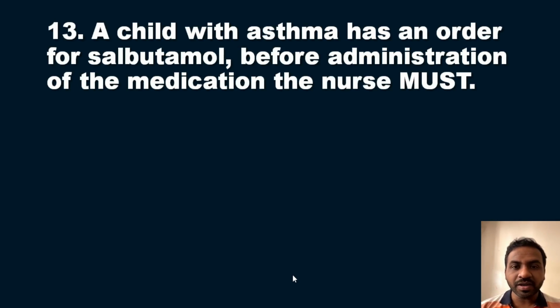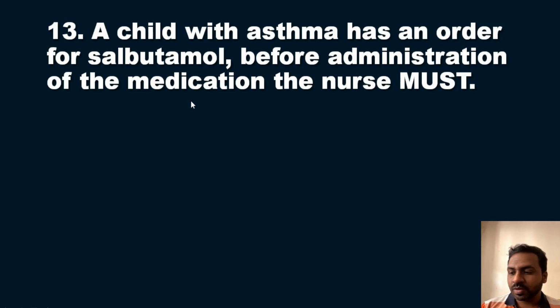So we'll move on to the next question in our series, and the question for you is on the screen right now. The 13th question: a child with asthma has an order for salbutamol. So before administration of the medication, the nurse must. So the question is, what is the pre-care for a patient receiving salbutamol?